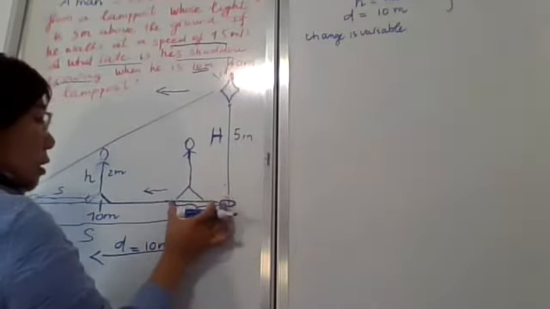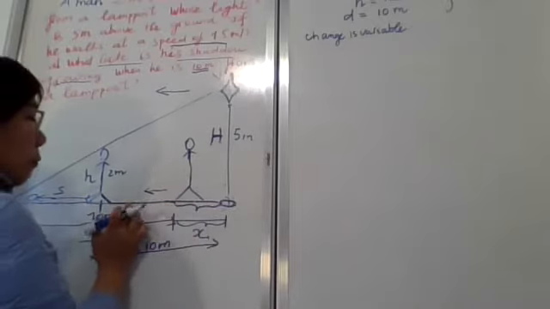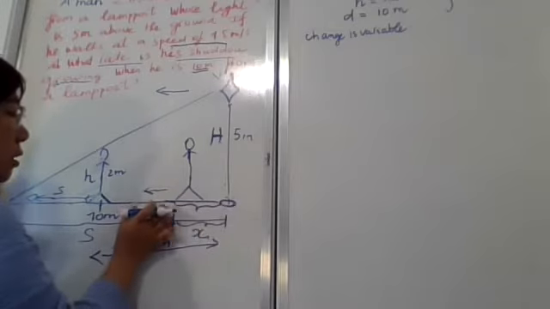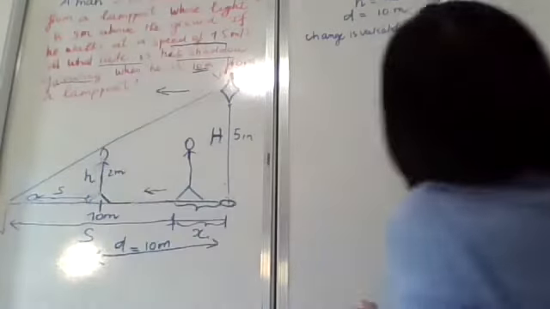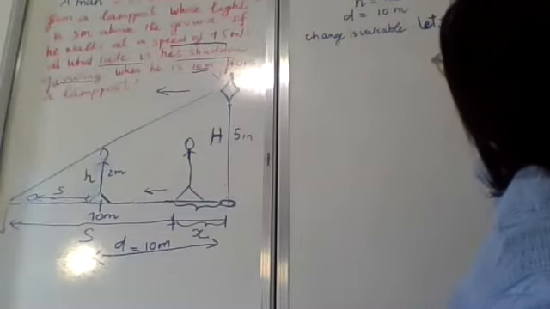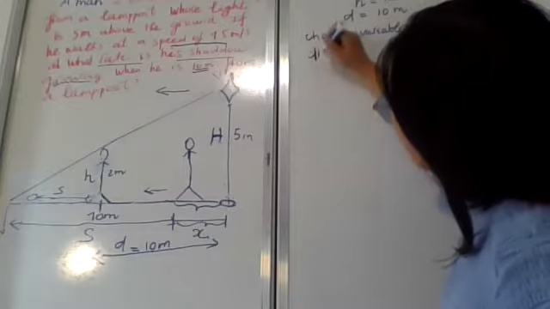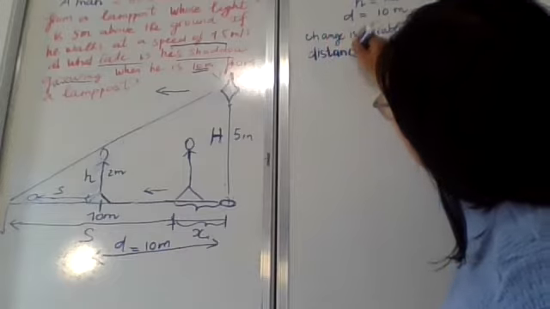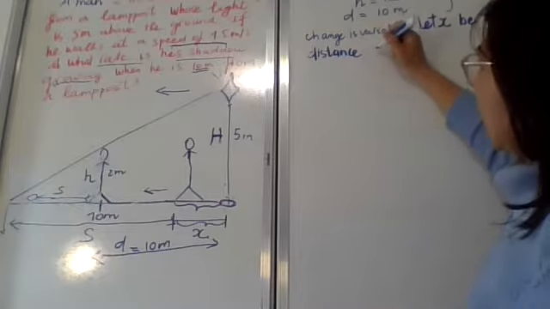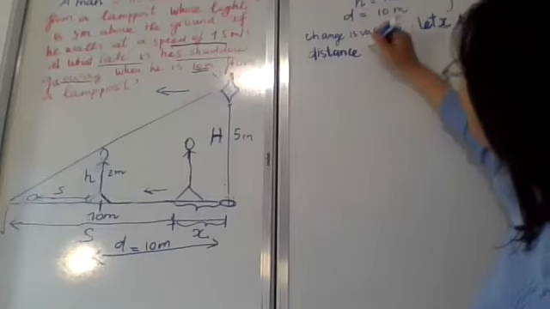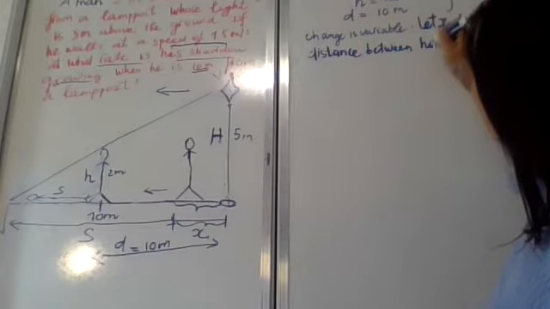If he walked up to here, from here to here is the distance, and this distance keeps changing. So let x be the distance. Of course, the distance is a variable because we don't know how far he walked away from the lamppost, and we just call it x. So let x be the distance between him and the lamppost, wherever he is.